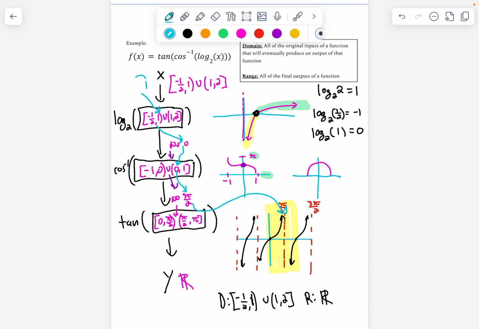So that's why we have to take this 1 out of the original x inputs, our domain, because it can't give us an output that's defined. So that's the logic behind when we take these things out, back up the chain. Think like you can visualize putting it back and seeing what would have happened if it was part of the domain and why it doesn't actually result in an output.